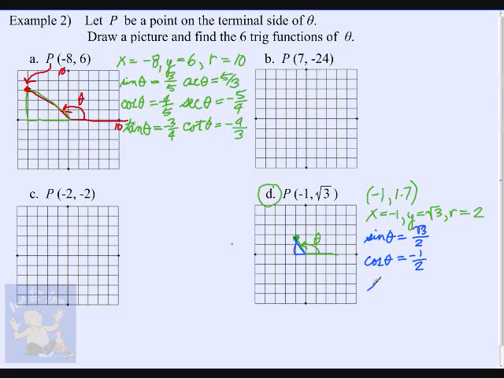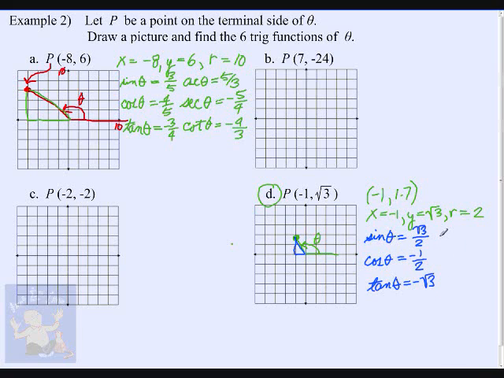And tangent theta equals negative square root of 3. Now I know I probably could have written this as a fraction, right? Positive square root of 3 divided by negative 1, but that's going to simplify to this.